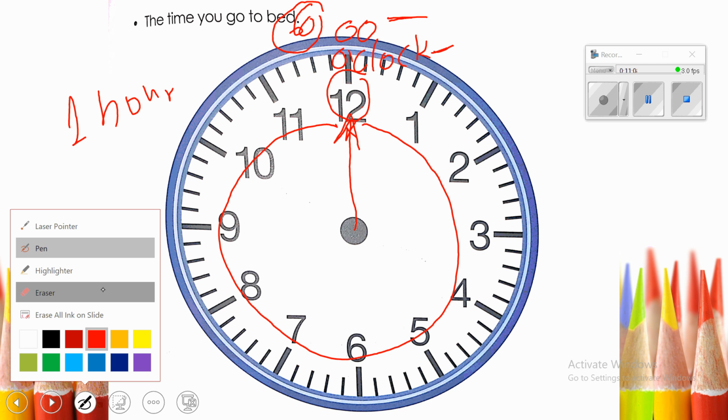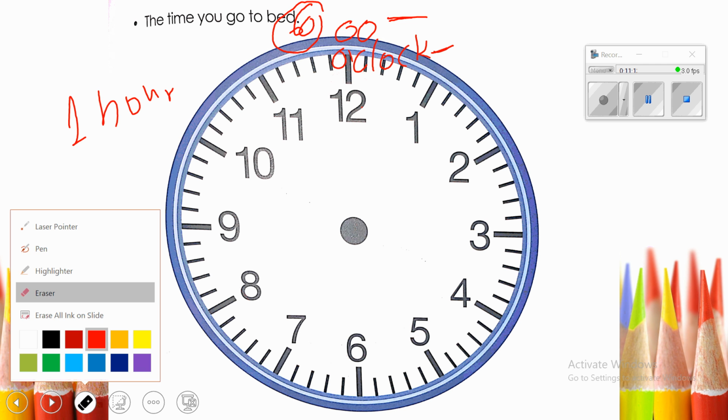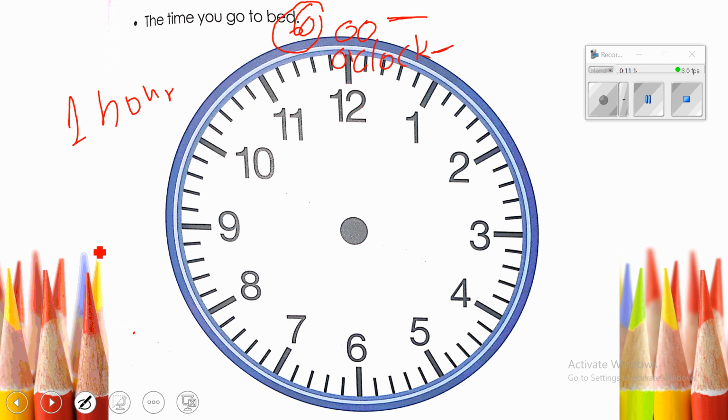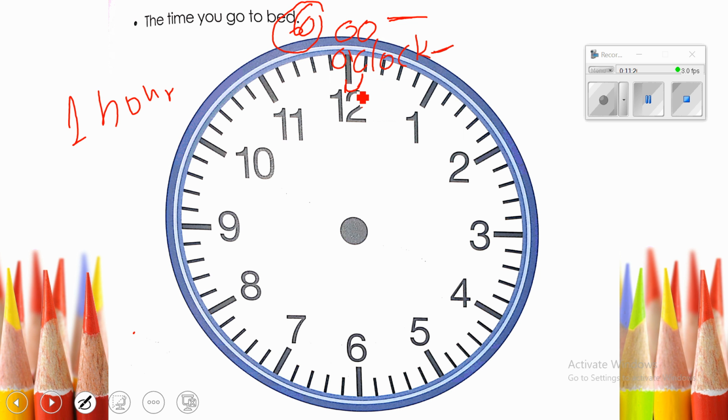Here again. Okay. Let's see. Do you know from this line to this line is 1 minute? So if the minute hand is on number 1, how many minutes do I have?